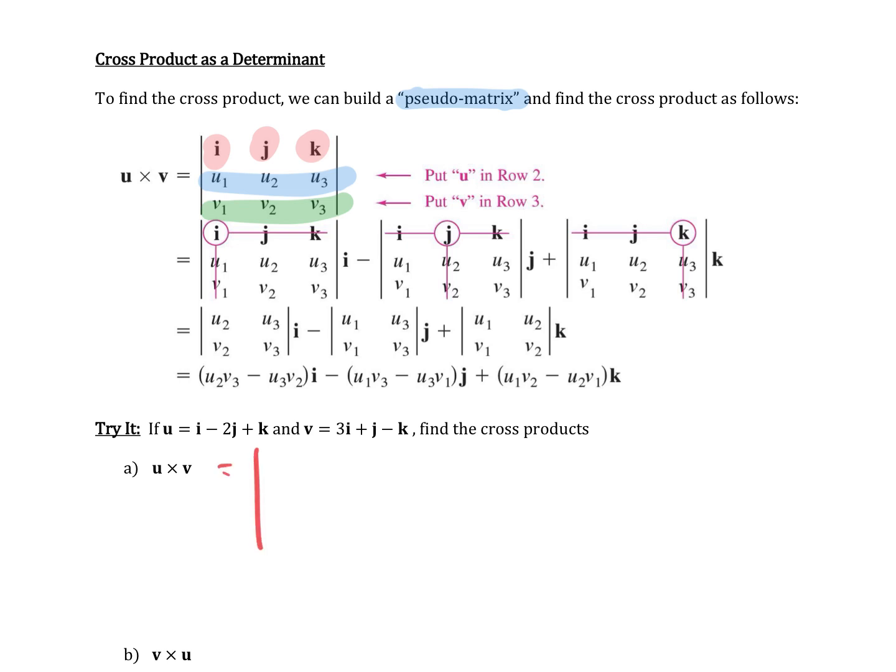So this cross product is the determinant, and we're going to have I, J, K. And we're going to put our vectors. We have U. Our U vector here is going to be 1, -2, and 1. Those are the coefficients. And then the V vector is going to be 3, 1, -1.